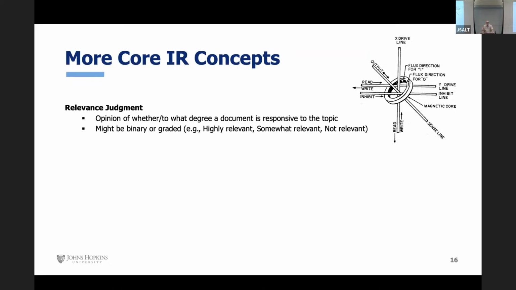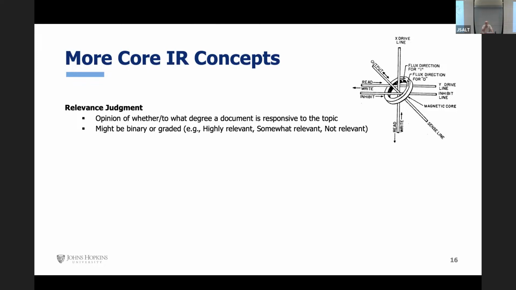A relevance judgment is an opinion about the degree to which a document is relevant to an information need. This is a really weird concept for natural language processing folks, that it's an opinion, not a fact. This is one of the things that has separated information retrieval from other natural language technologies.